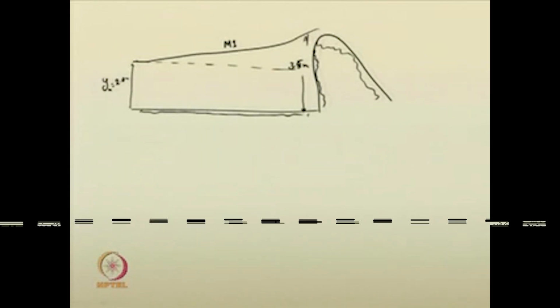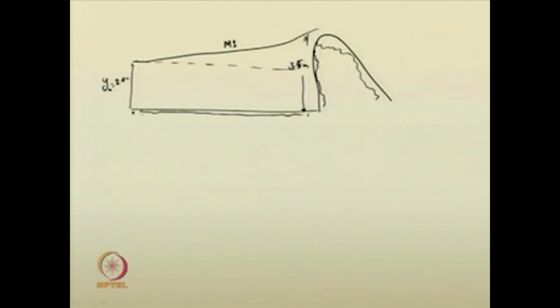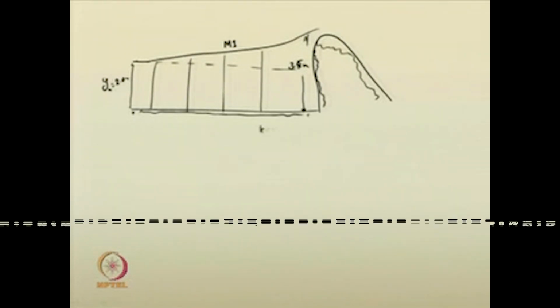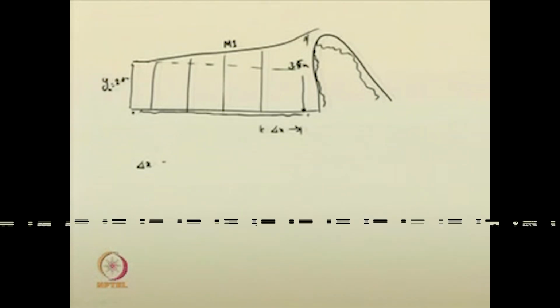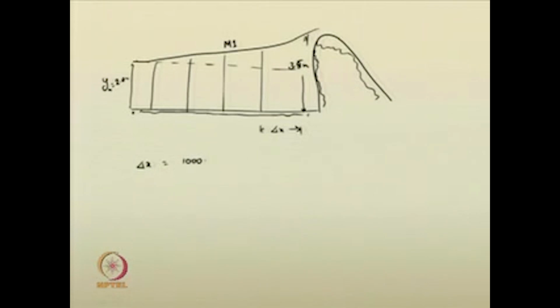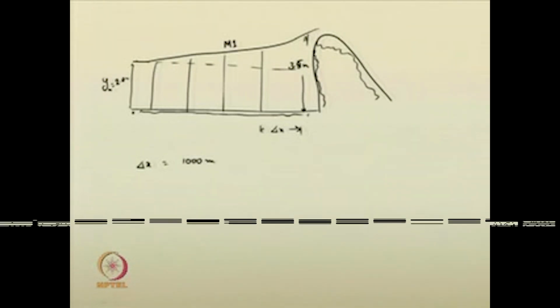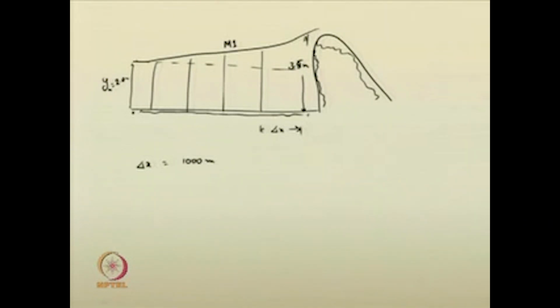The depth given at the dam site is 3.5 meters. So, how will you compute the quantities now? I am discretizing the stretch into small reaches of del x length. I am taking del x is equal to 1000 meter.